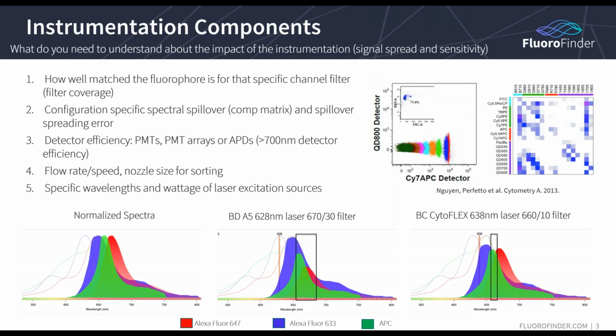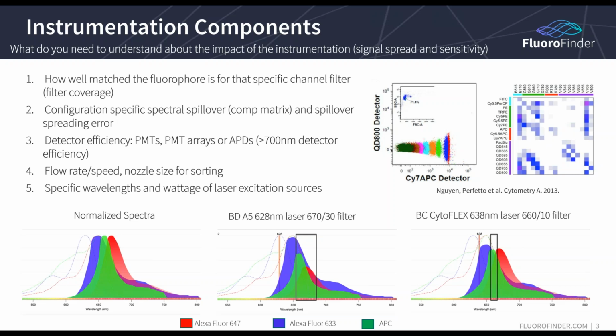However, the filter is ideal for Alexa 647, even though Alexa 633, which molecular photon to photon or structure to structure is equally capable, is as bright as Alexa 647. But on this instrument, the 628 laser is more optimally exciting Alexa 633, even though the filter is centered around Alexa 647. I don't know why. I don't work for BD.